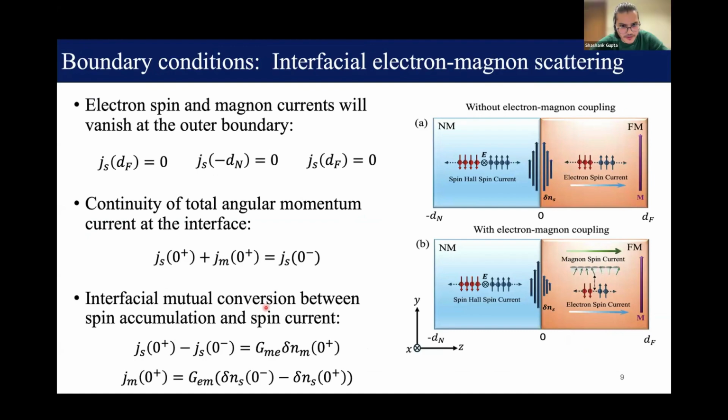That's a very good question. They have different forms, because G_ME decides the conversion rate when the magnon spin accumulation converts into the electron current, and G_EM is the rate at which the electron spin accumulation converts into the magnon current.